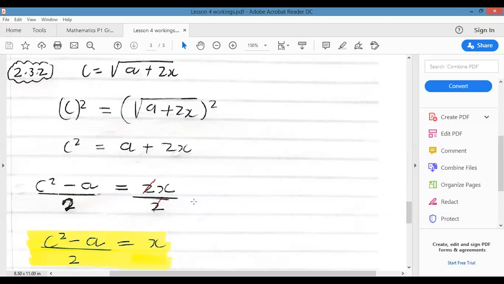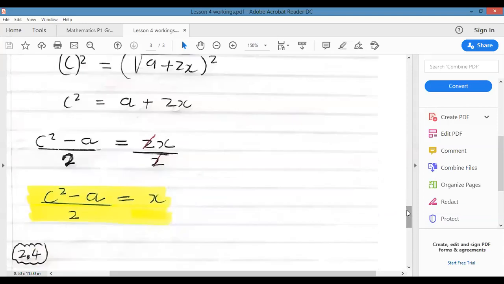Therefore, you must divide by 2 on both sides. What you do on your right, you must also do on your left-hand side. So divide by 2, divide by 2. Therefore, x is equal to c squared minus a over 2. This is your answer, guys. I hope it makes sense. I hope you understand this by now.